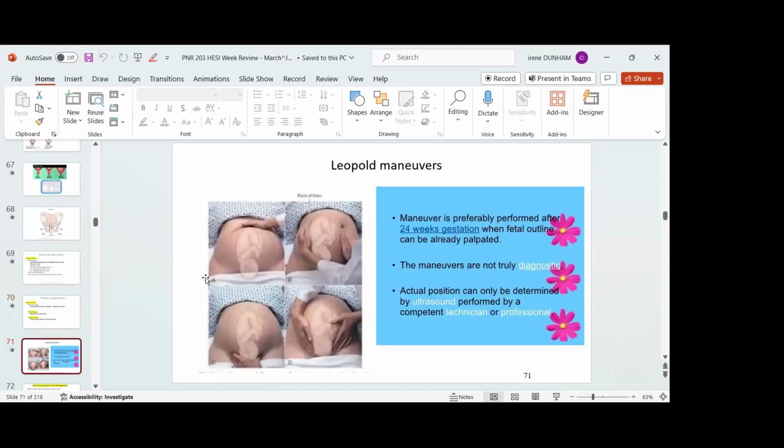Okay. This is just a Leopold maneuver. This shows you the different positions of the baby. And I thought this was good to show you that this baby's in a vertex presentation. That means the head is down first. And it looks like this baby is OA. And so here, what your hands are doing is you're just going up here, and you can feel the baby's back.